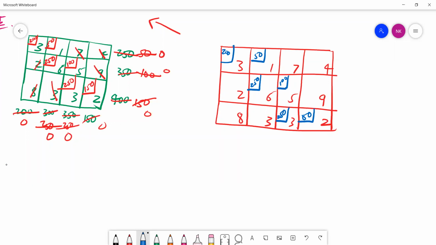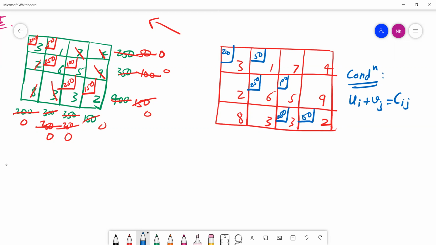Now you need to remember what the conditions for the MODI method are. The first condition for the MODI method is that ui plus vj is equal to cij. Now don't worry about this entire formula. It's very simple. I will be explaining it within 1 or 2 minutes.